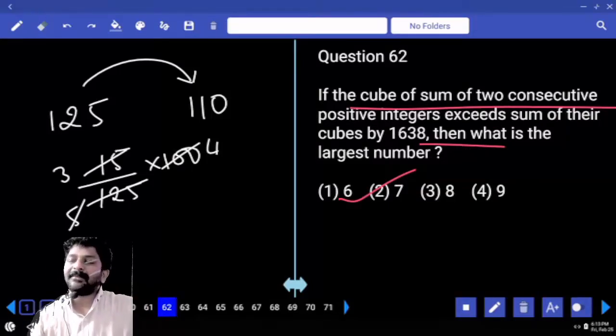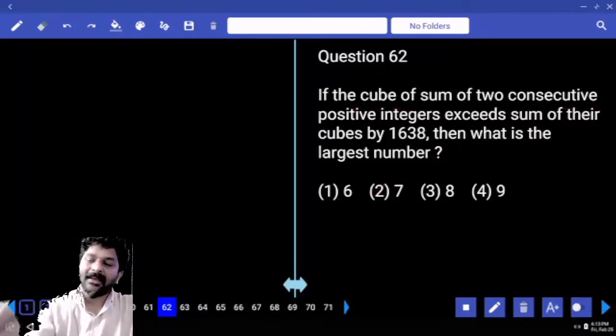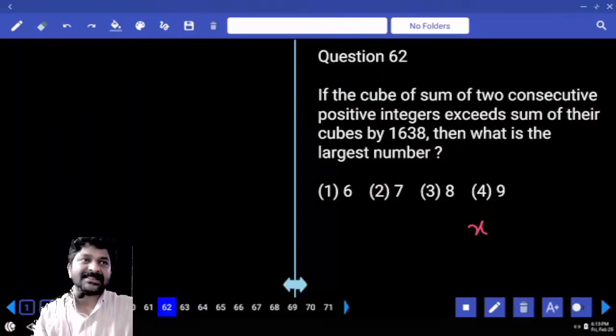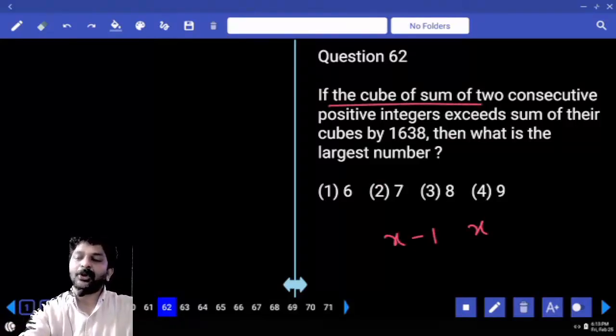The cube of a sum of two consecutive positive integers exceeds sum of their cubes by 1638. Then what is the largest number? We were asked to calculate largest number. Okay. If the largest number is x, before that you will have x minus 1 only. According to the condition, cube of sum of two consecutive numbers.